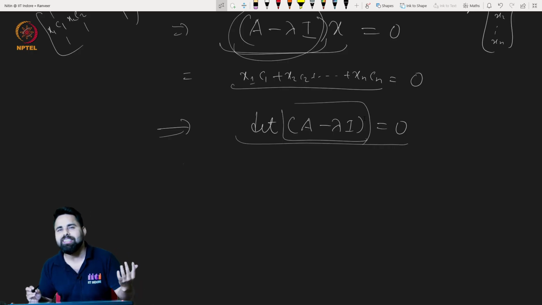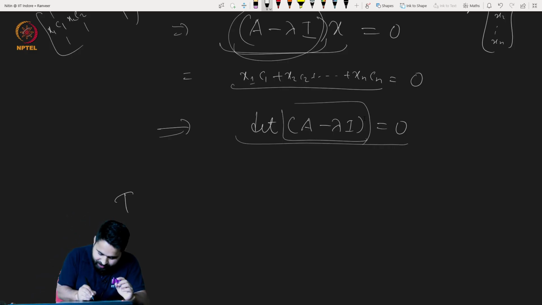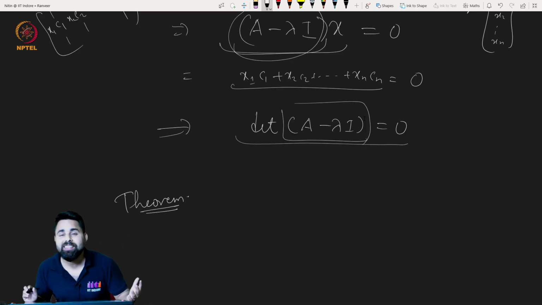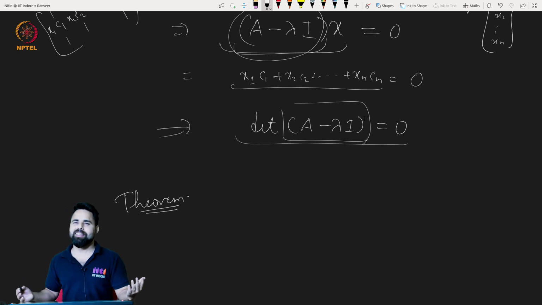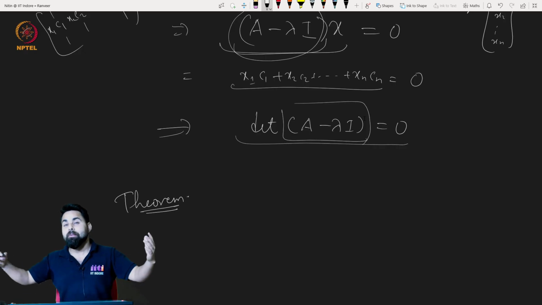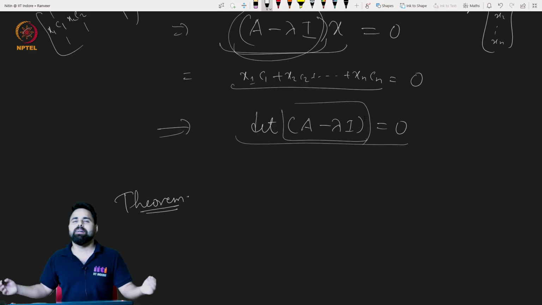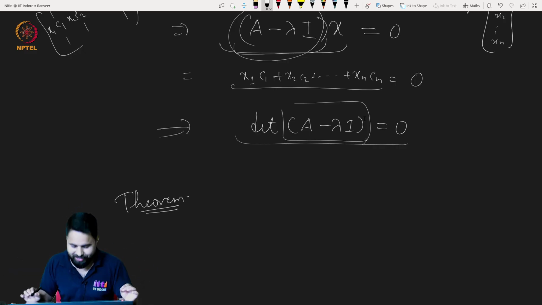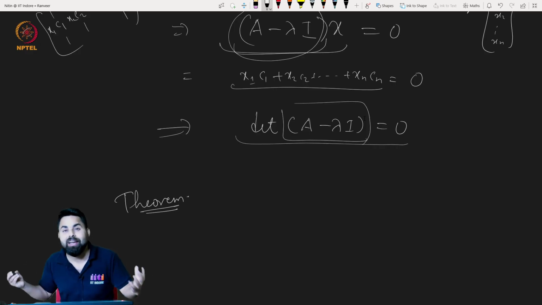The first result I will write as a theorem. The eigenvectors corresponding to distinct eigenvalues are always linearly independent. Whenever the eigenvectors are linearly independent, and in fact orthogonal, lives become super easy for us. So this theorem is about when the eigenvalues are distinct.